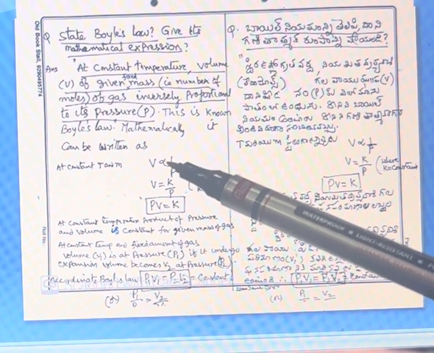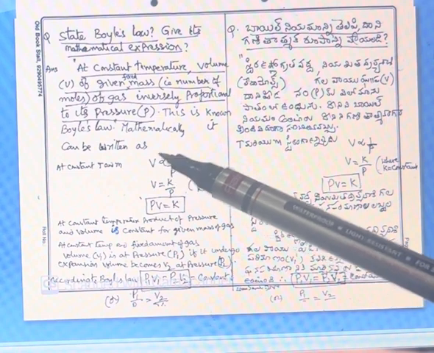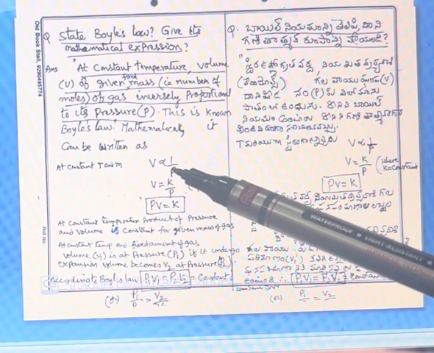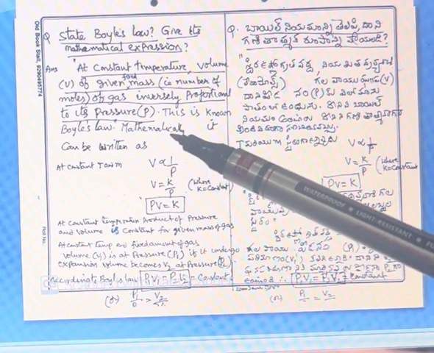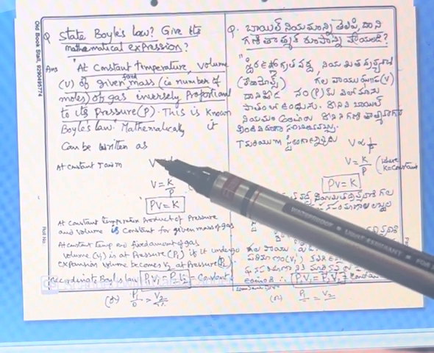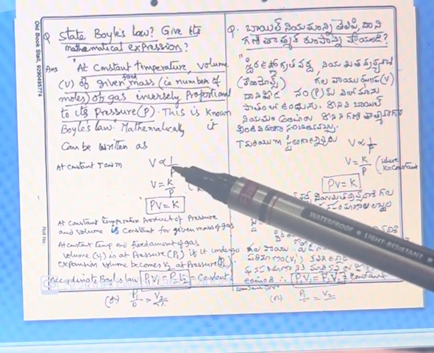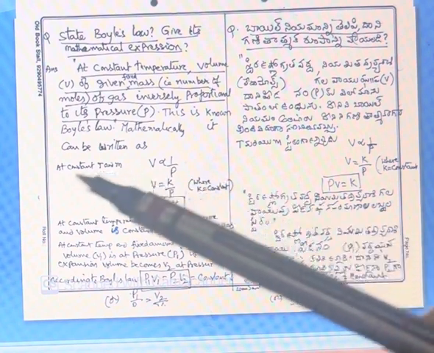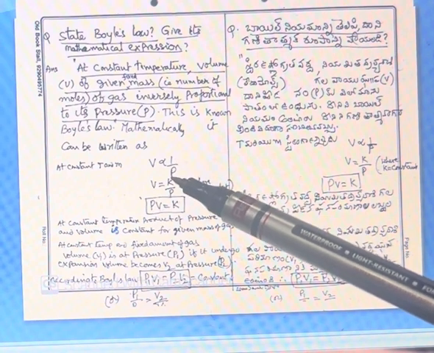V is proportional to 1 by P. When volume is increased, pressure is decreased; when volume is decreased, pressure increases. If volume is increased to 2 times, pressure is decreased to half. So the relation between V and P is inverse proportionality at constant temperature and mass.